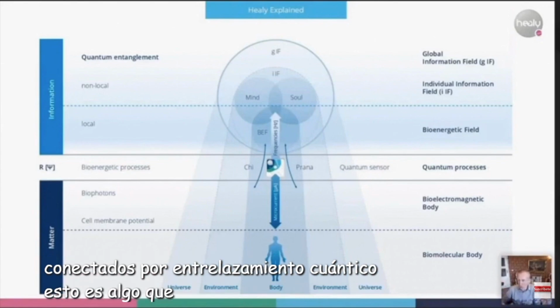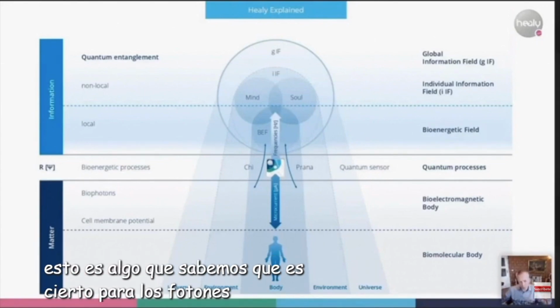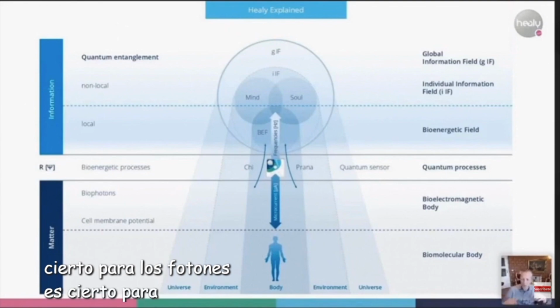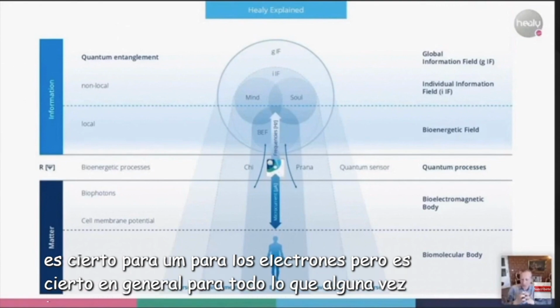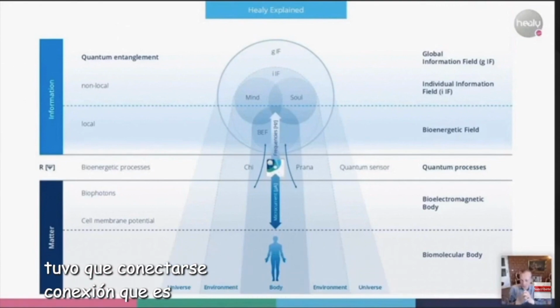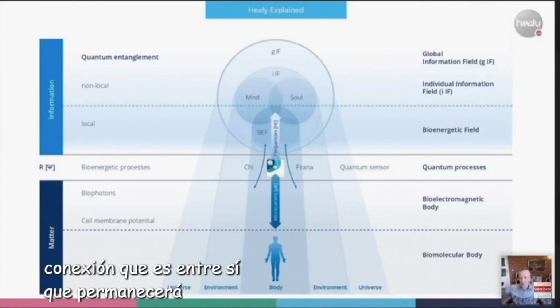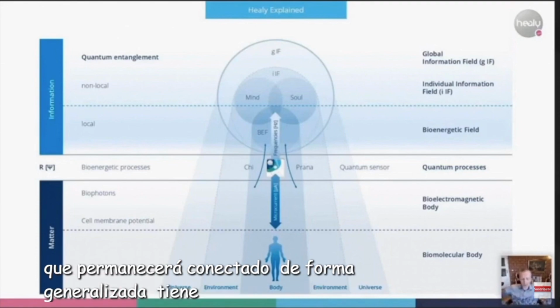This is something which we know is true for photons, it's true for electrons, but it's generally true for everything which once had a connection with each other, that it will stay connected in a generalized sense.